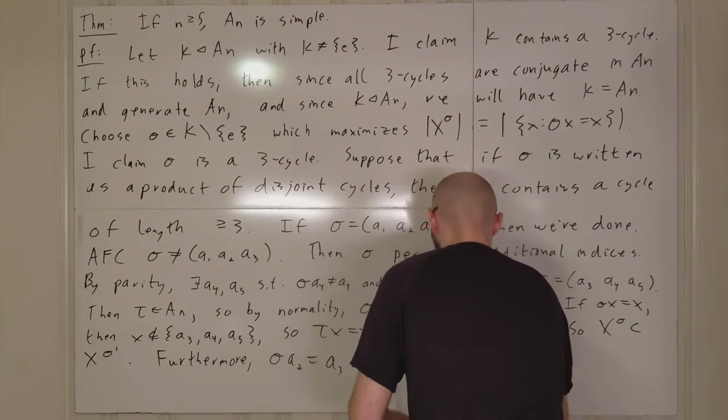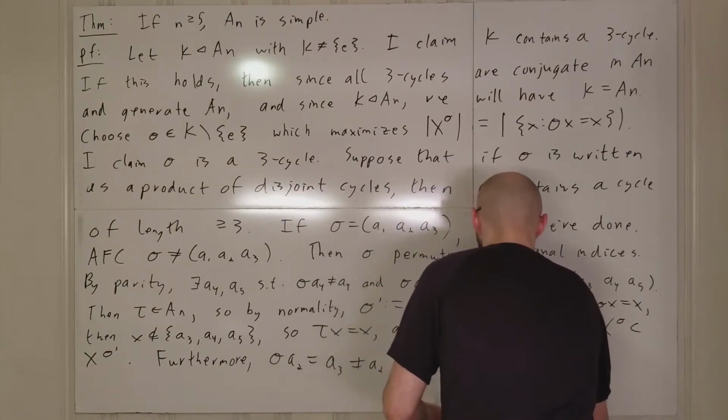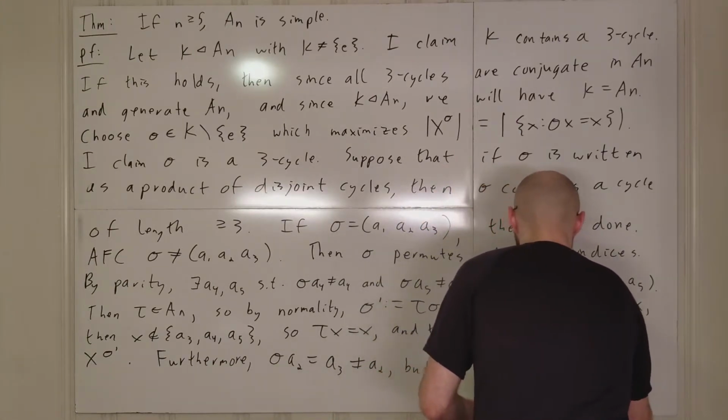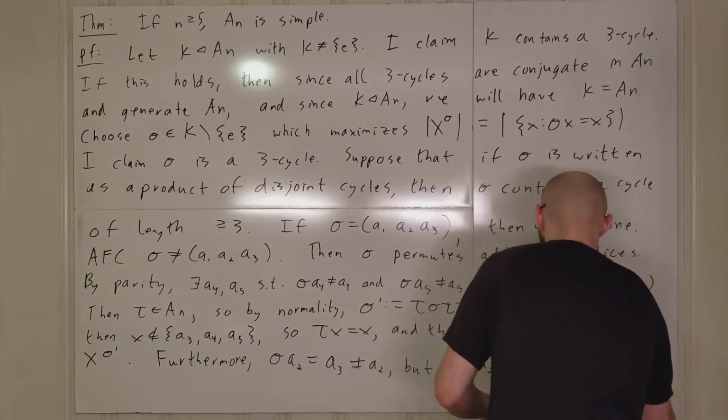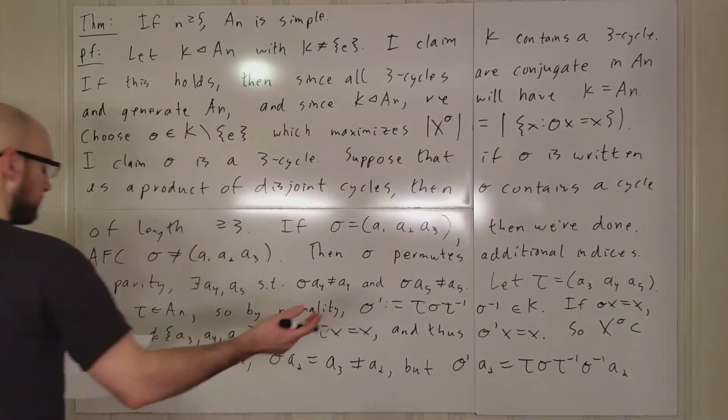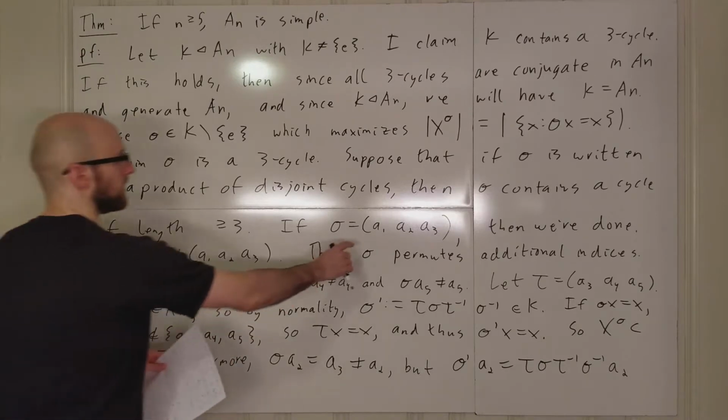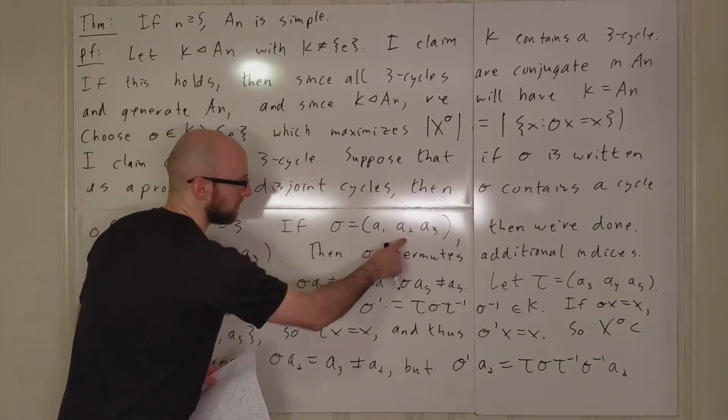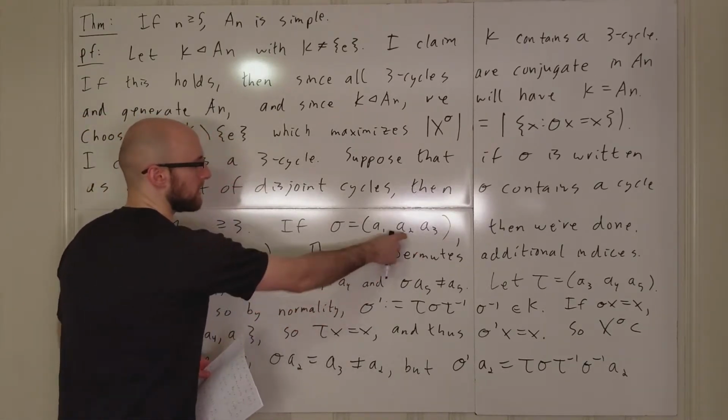What's sigma prime of A2? Well, this is just tau sigma tau inverse sigma inverse of A2. Sigma inverse of A2: instead of taking A2 to A3, we look at what goes to A2, and that's A1.